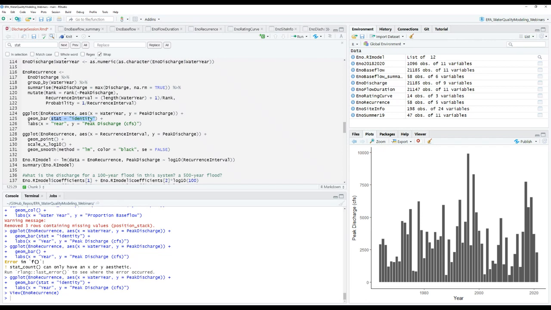Some other stats could be count. You could count the number of occurrences of a given number. If you're thinking about something like a histogram, a stat equals count might be helpful there. But in this case, it's just saying whatever the value is of that specific cell within the data frame, it's going to plot that as the height of the bar. Yep, that's a good question. And my apologies for skimming over that as we went through.